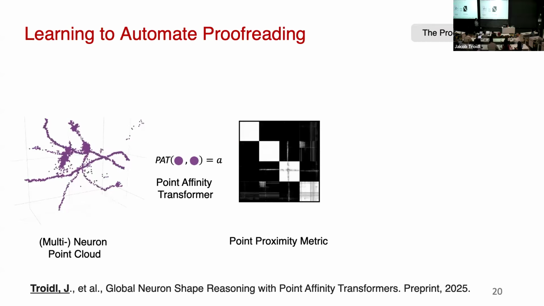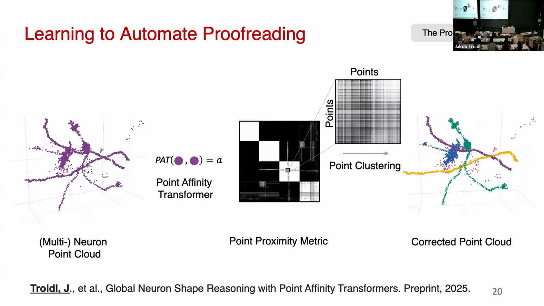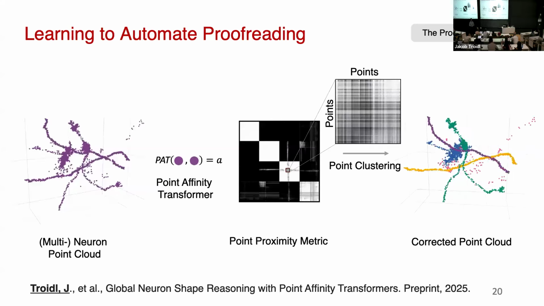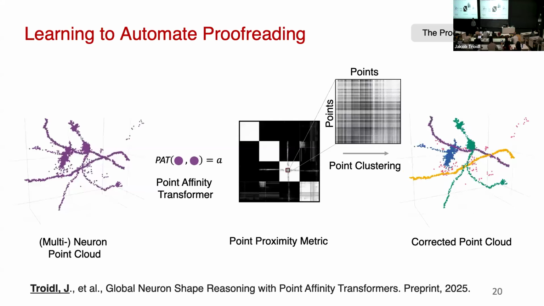Each pixel in that matrix tells us how likely it is that 2 points belong to the same neuron. You can think of this matrix as a point proximity metric. If we use that metric to cluster the point cloud, we can derive new cluster labels and carve this point cloud into what eventually becomes individual neurons.